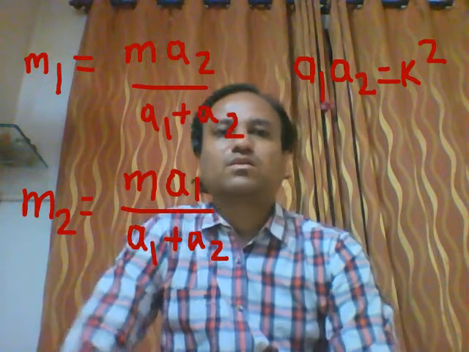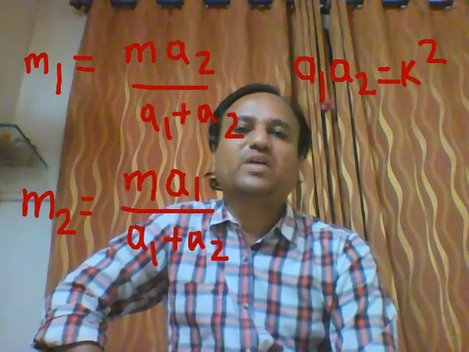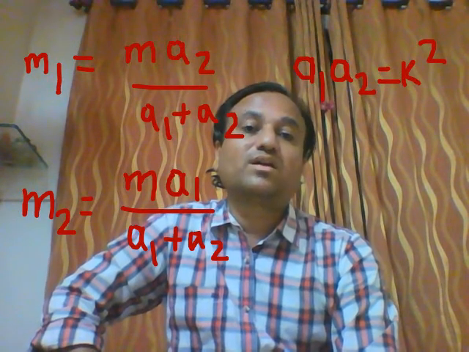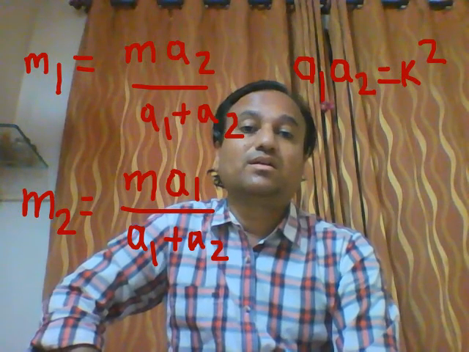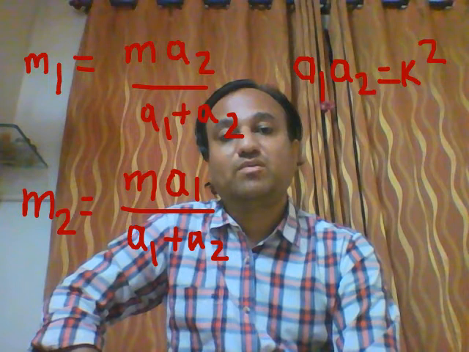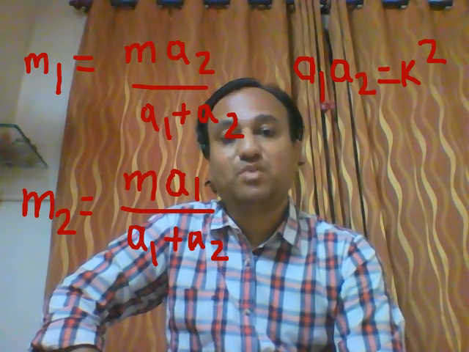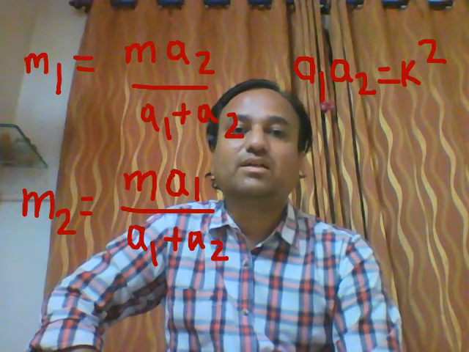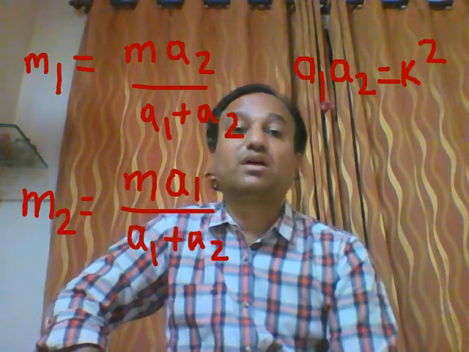So the first case of the dynamically equivalent system, by neglecting the correction couple, we have discussed. Now I will discuss the dynamically equivalent system with correction couple.